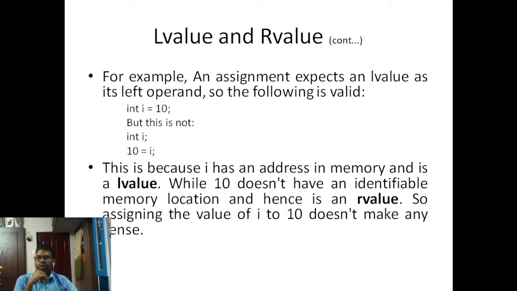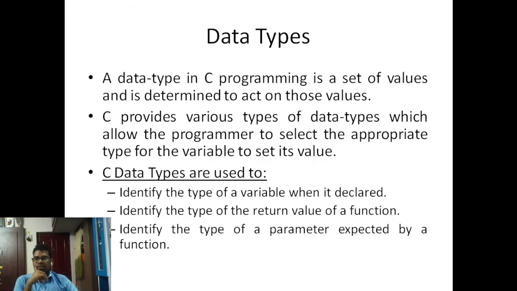There are so many data types in C. A data type is used to mention what kind of value the variable can process. C provides various data types which allow the programmer to select the appropriate type for the variable to set its value.